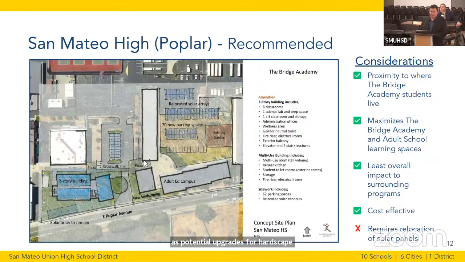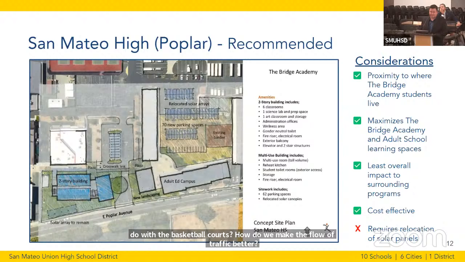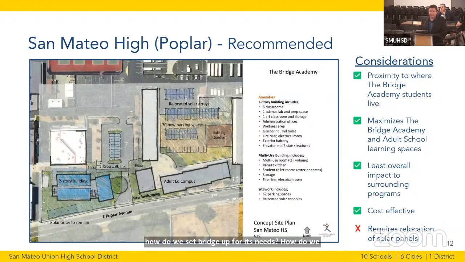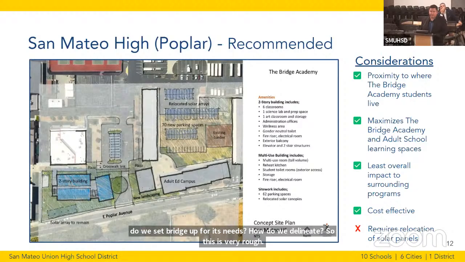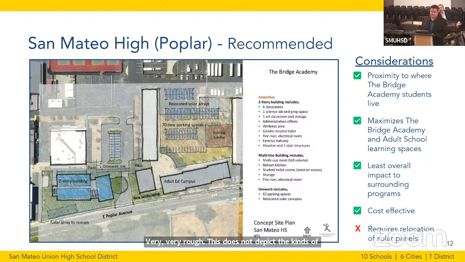What do we do with the basketball courts? How do we make the flow of traffic better? How do we set Bridge up for its needs? How do we delineate? So this is very, very rough. This does not depict the kinds of hardscaping options that real schematic designs would do. But there's a lot of possibility there.